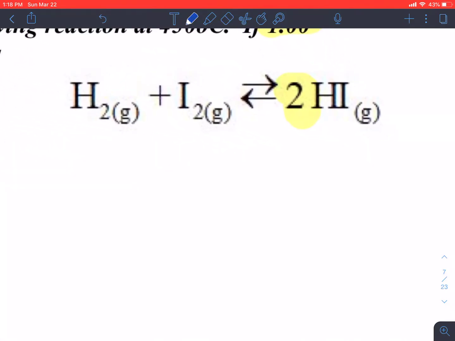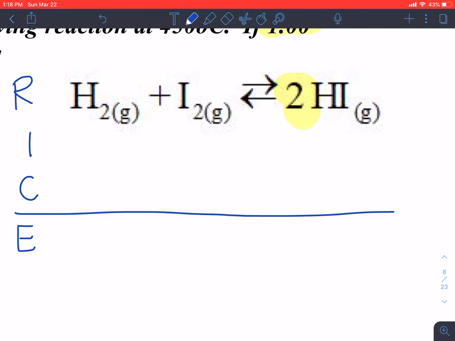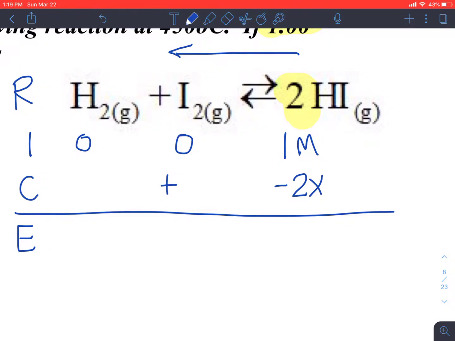Over here, okay, if we were to add our RICE table, we want to find out what our concentration values are. We know that we're going to start out with 1 molar. Initially, we have 0 starting out here, and since the reaction is going to be happening in this direction, we are going to be taking away some value of x because of that coefficient, and adding the change of x there.